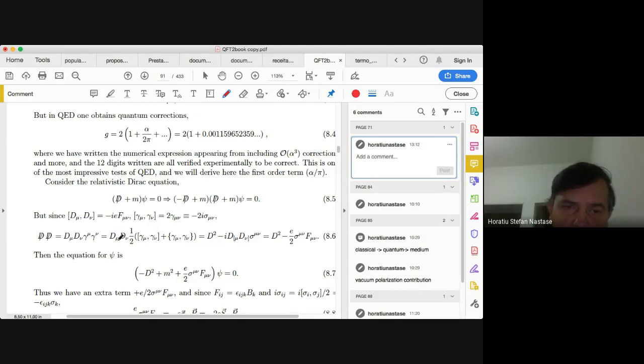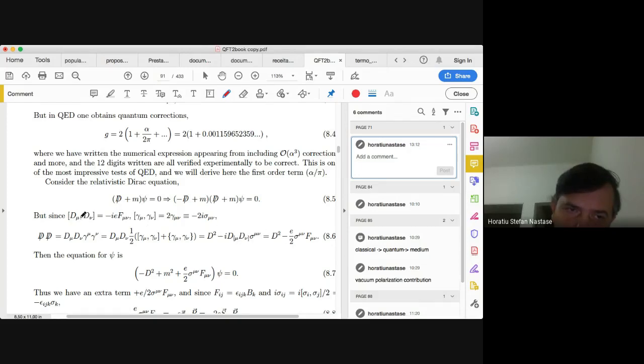But then we have this extra factor. So now we rewrite this commutator as minus 2i sigma mu nu, and then we get an extra term minus i D mu D nu antisymmetrized times sigma mu nu.